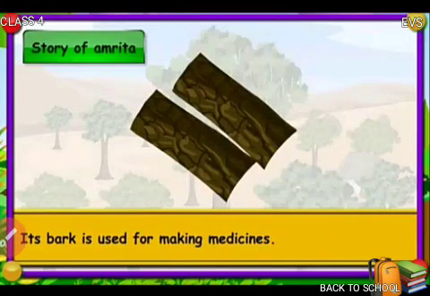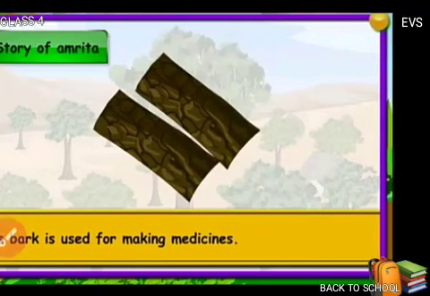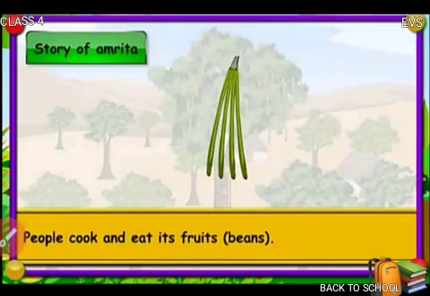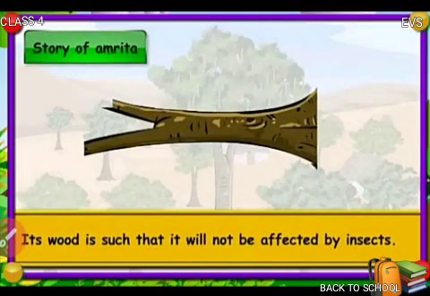The bark of the Khejadli tree is used for making medicines. People cook and eat its fruits, and you all know the fruits of Khejadli trees are known as beans. Its wood is such that it will not be affected by insects.